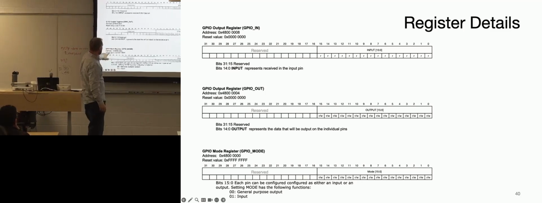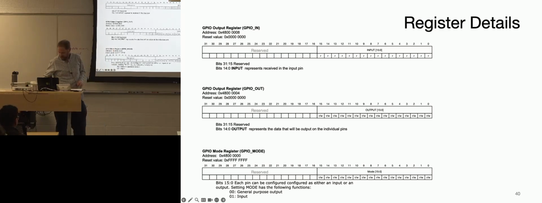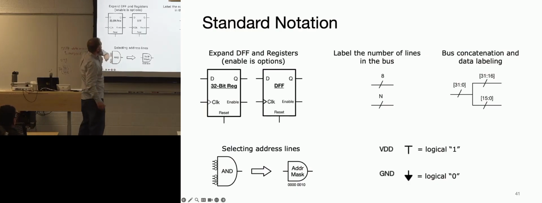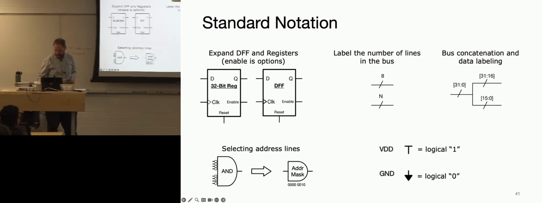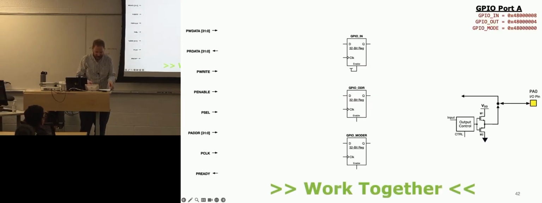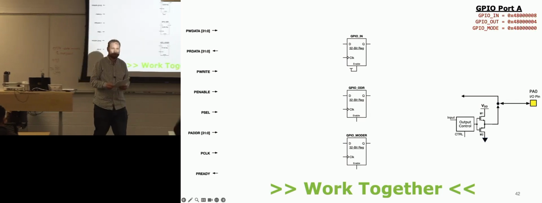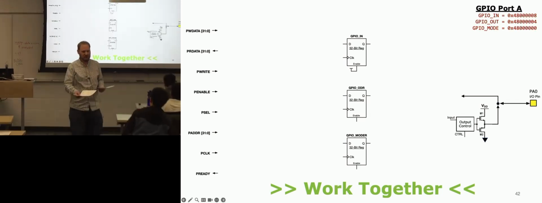It tells you what the default is, what the address is, and what the pin functions do. And then you can look through, I just put this here so you guys can remember what the functionality of those things are. So when you work together, I have extra sheets. You guys try to wire the whole thing up.